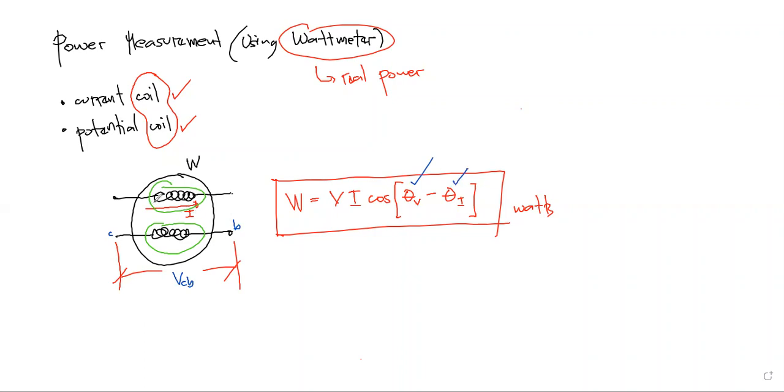For the current, take note that the standard notation for a given wattmeter is that the current must flow from left to right. If you are facing your cell phone or your computer, the current direction of the wattmeter must be from left to right.